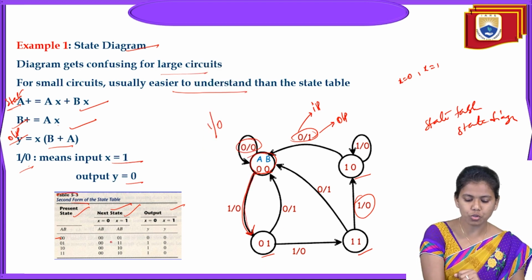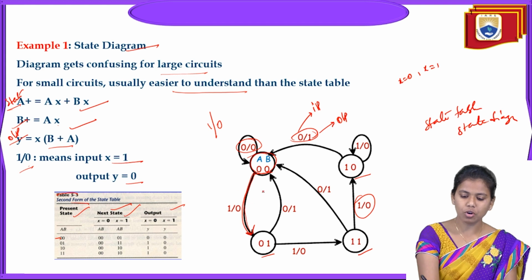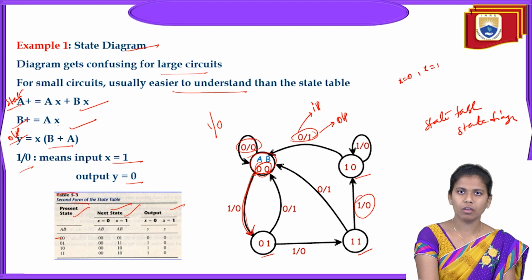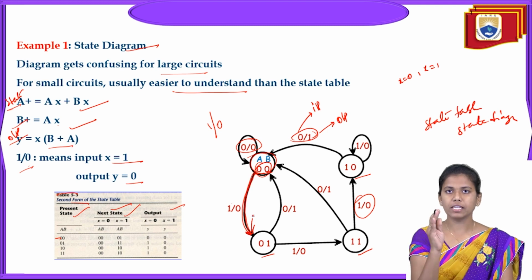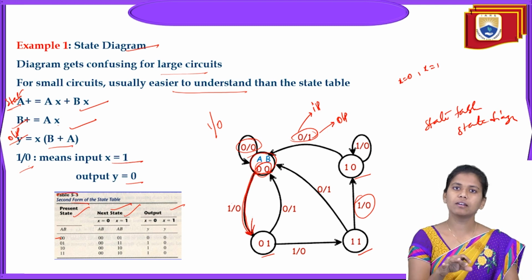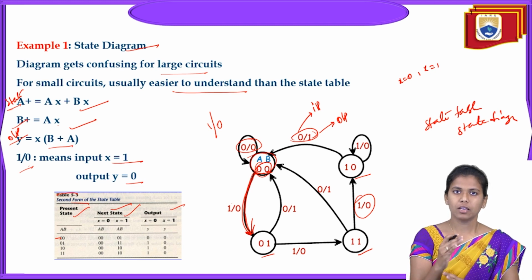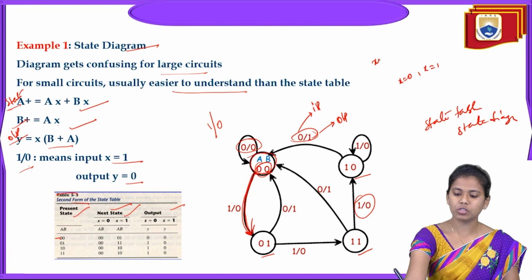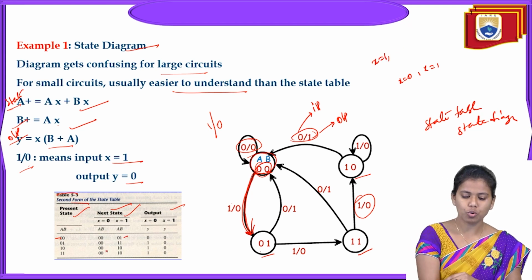When X is equal to 0, what is the output? It would be the same, 0, 0. But when X is equal to 1, the transition is taking place from 0 to 1. If it is 0, then it is in the same state, the present state itself. But when X is equal to 1, then the transition is taking place from 0 to 1.